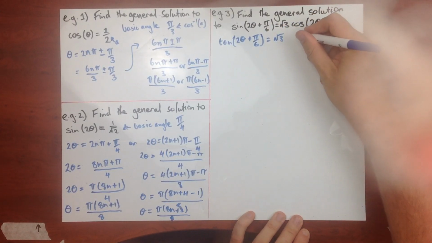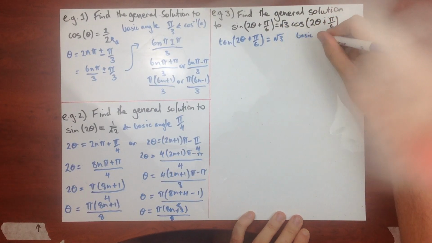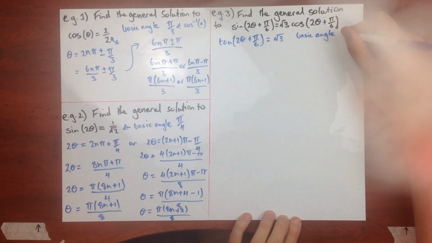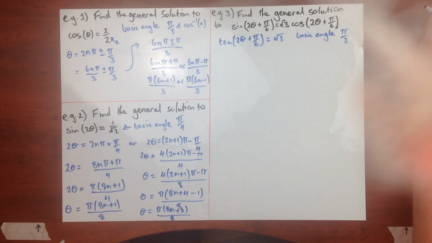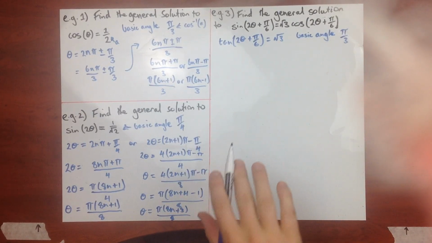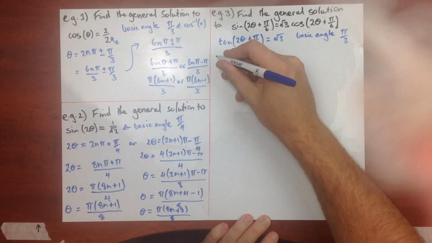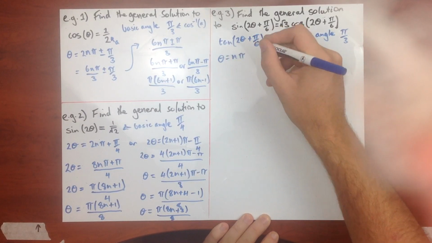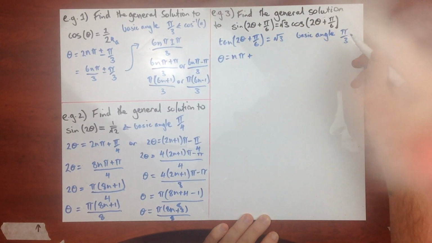Okay, so our basic angle, so when does tan equal root 3? And that is pi on 3. Okay, so it's pi on 3 that we're looking at here. Now we need to look at our general solution, which for tan is theta equals n pi plus the basic angle.